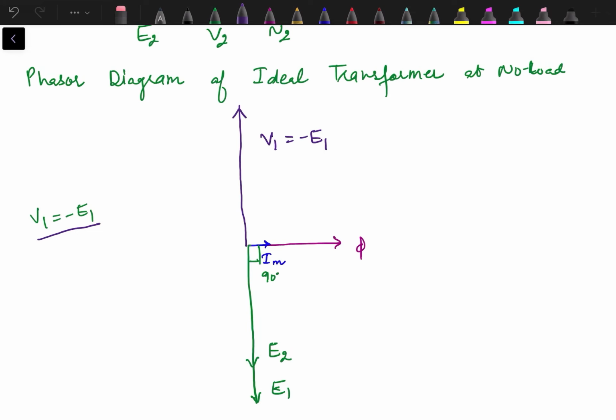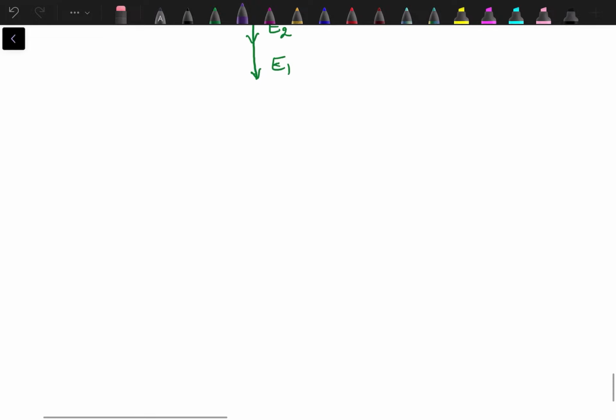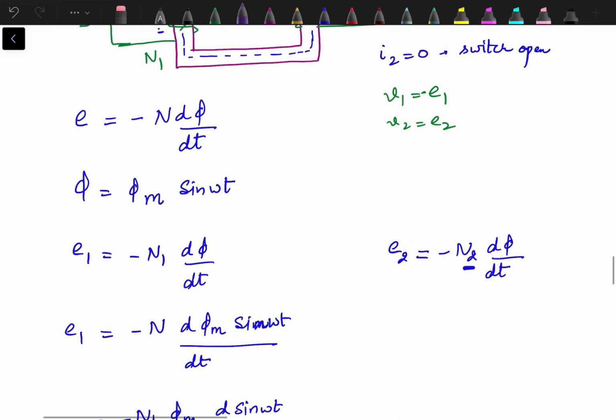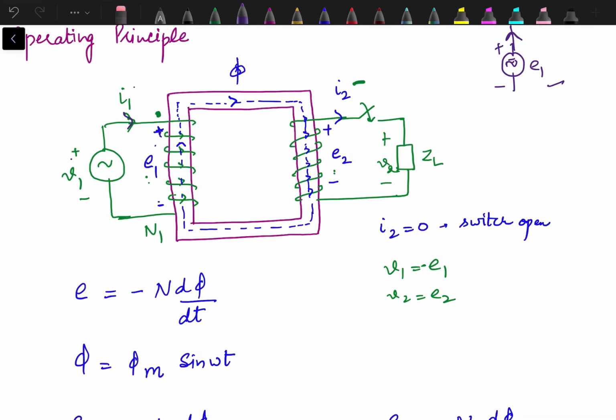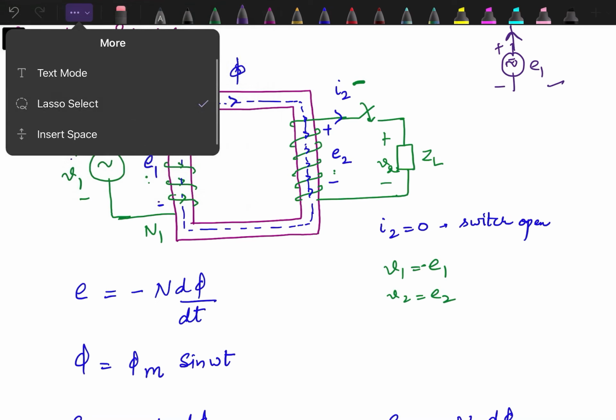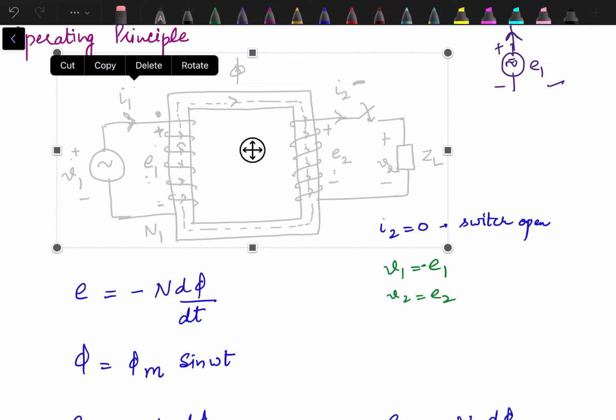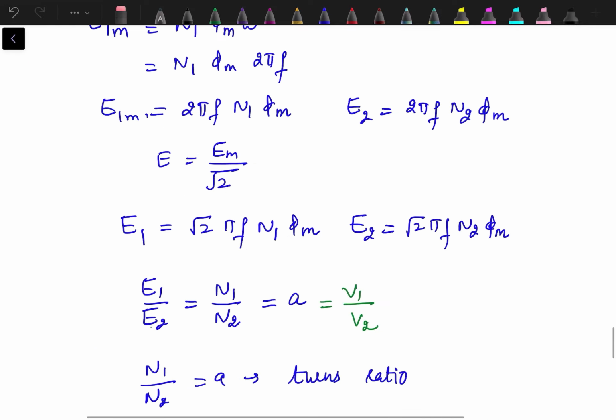Now, if we consider that the transformer is now loaded, when the transformer is loaded, it means I2 is not 0.